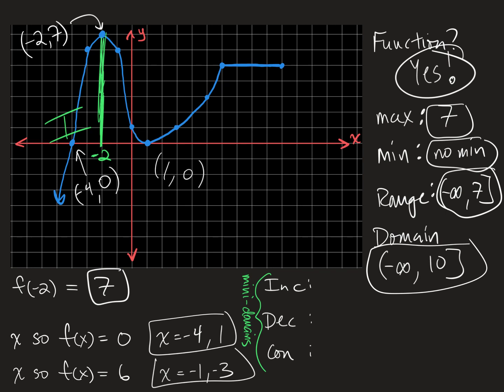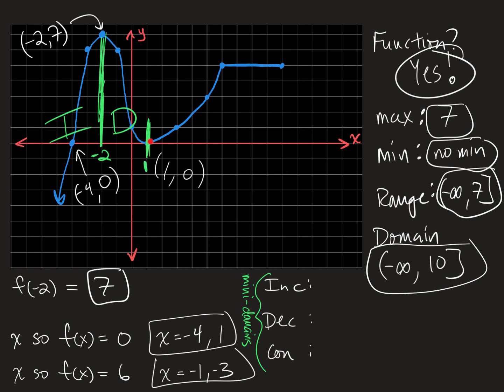So let's keep traveling. From here, it starts decreasing, decreasing, decreasing, and it stops right here. So what I'm going to do is I'm going to, again, draw that line to the x-axis, even though it's on the x-axis. Put your line in there. Mark it. It's decreasing here. Where does it stop decreasing? Right here at x equals 1.